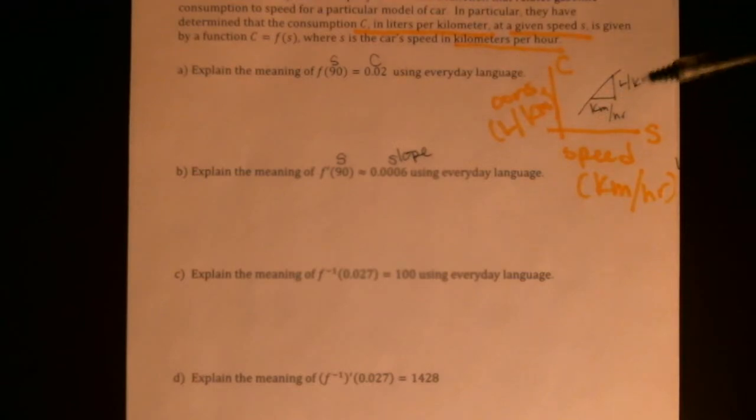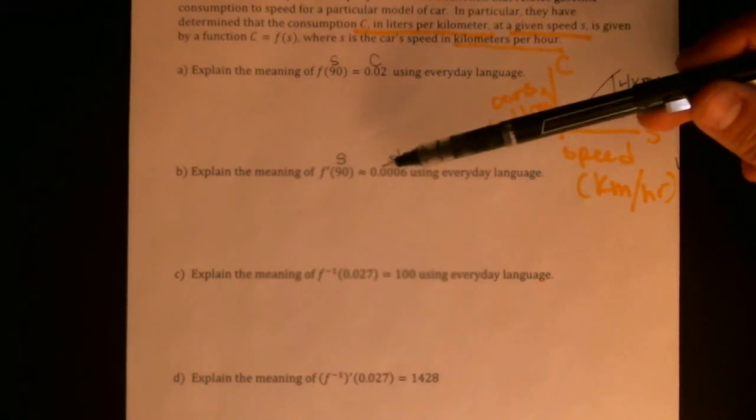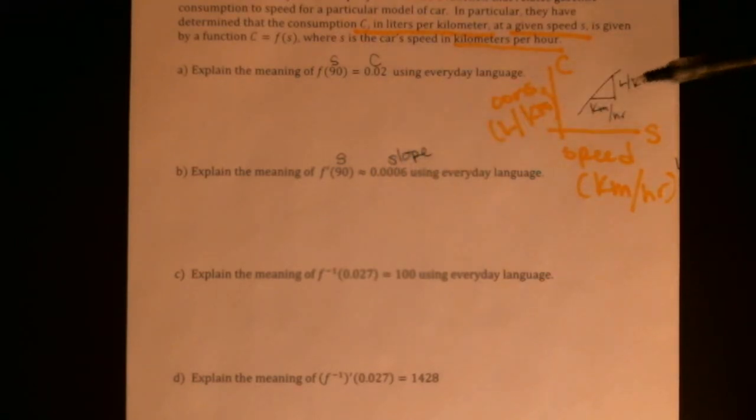And the slope is saying that if your speed increases by 1 kilometer per hour, the tangent line predicts that your fuel consumption will increase by about 0.0006 liters per kilometer. So you could say it the way I just said it.